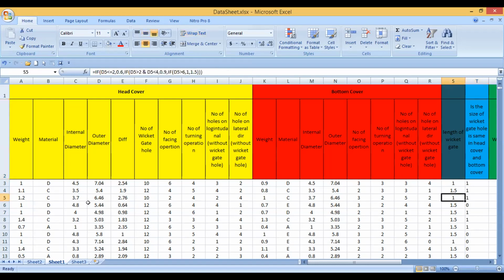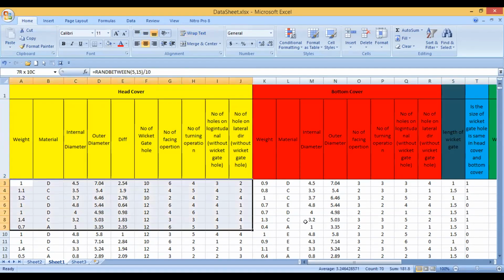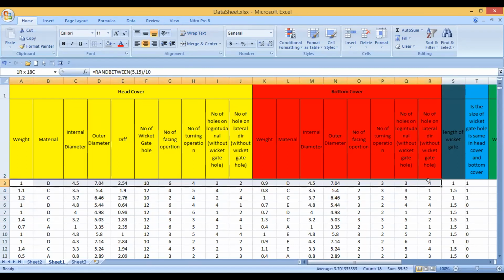Sir, we have this past data, right? 500 data sets we have, for these head covers. Now suppose a new head cover comes with these specifications.